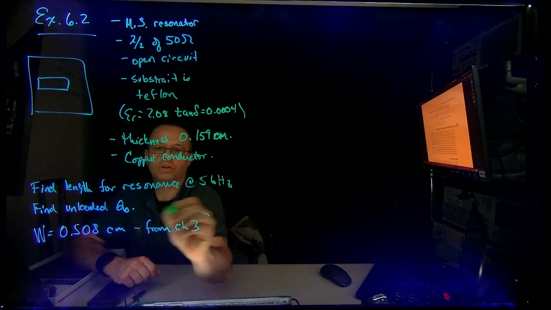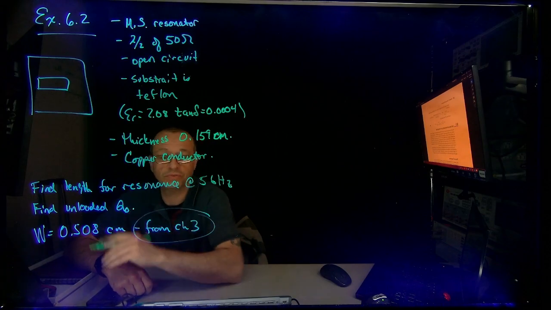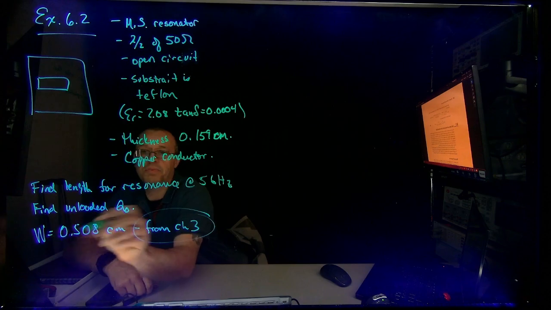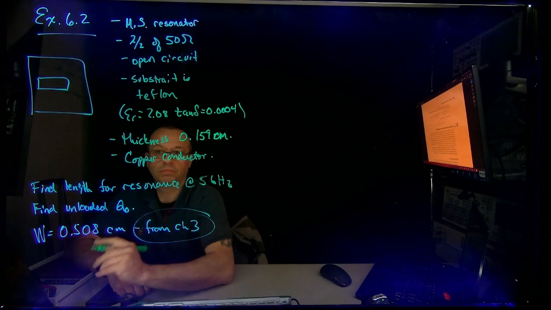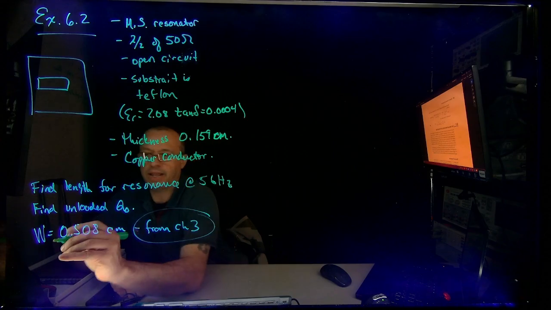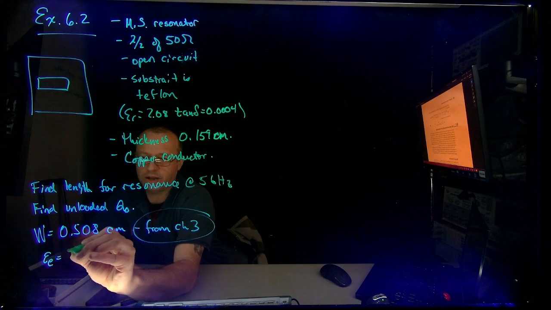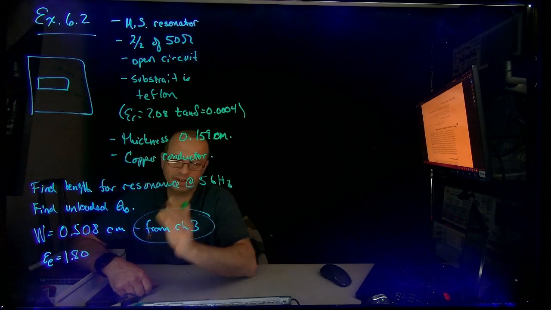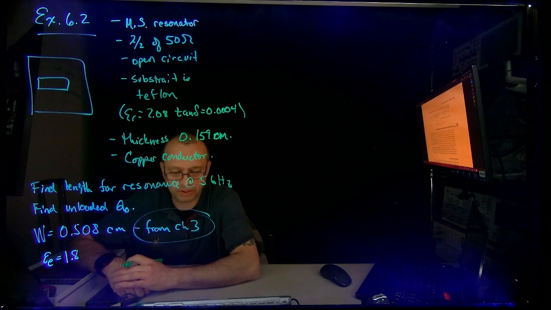You can look this up or recalculate it. Actually, you probably should recalculate it just so we can keep in mind how we got that number. That's the width, and it had an effective permittivity, epsilon E, of 1.80. You don't really need the 0, just 1.8 is fine. Your textbook puts the 0 for some reason. So that is your effective permittivity.